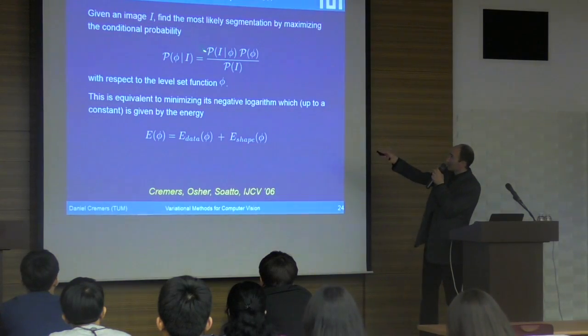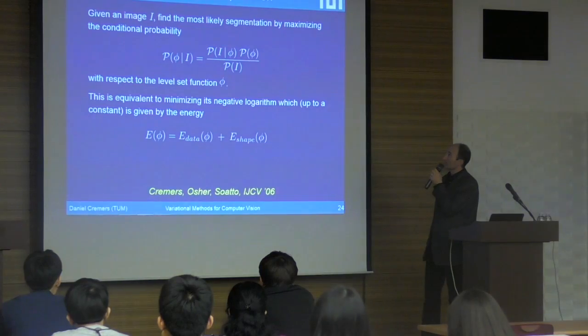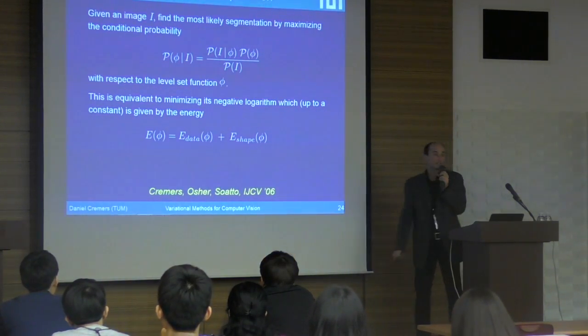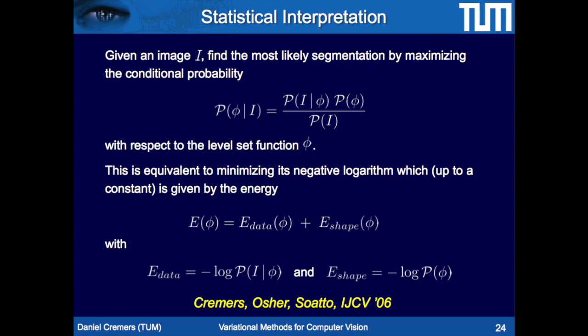Once you maximize this product of these two terms, you can equivalently minimize the negative logarithm of this product, and this gives you a sum of two terms, and indeed one is called the data term and one is called the regularizer.